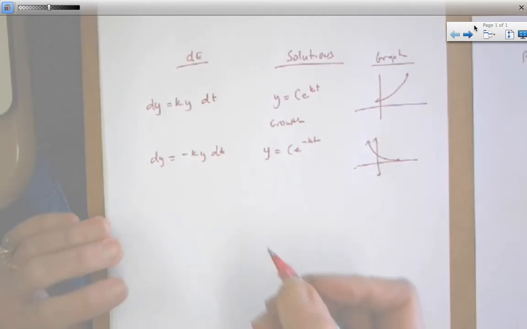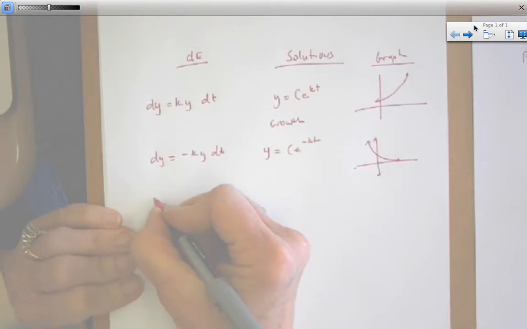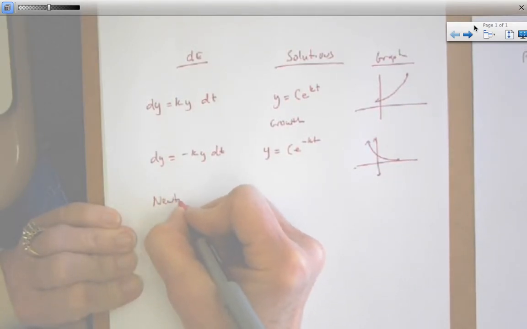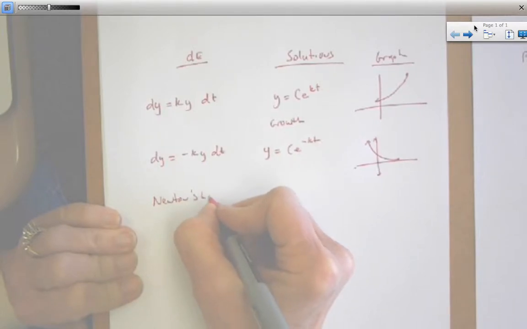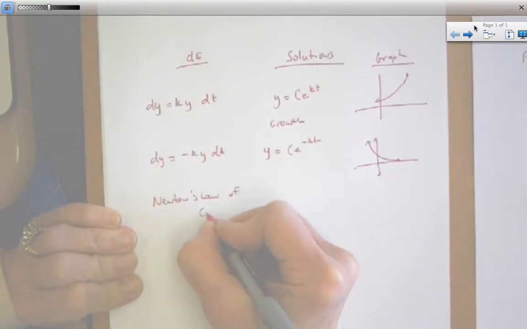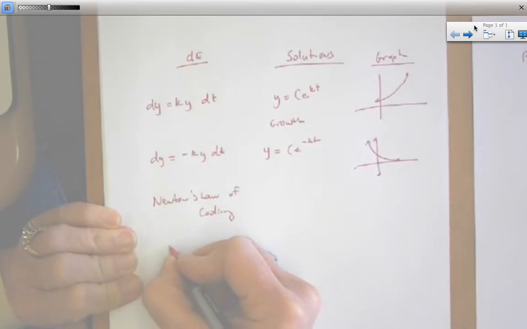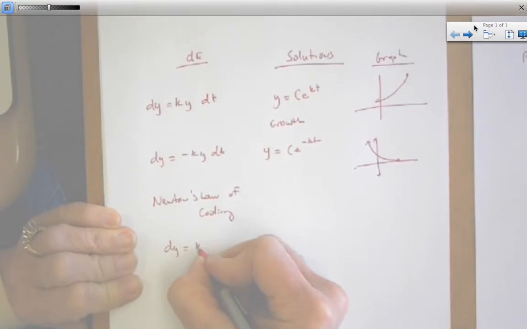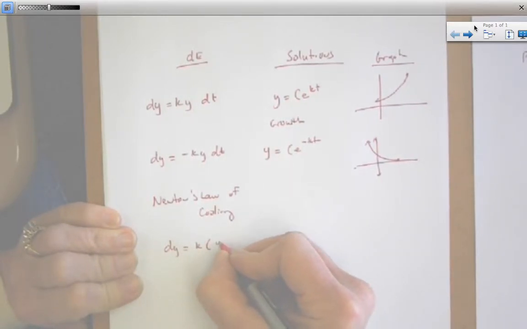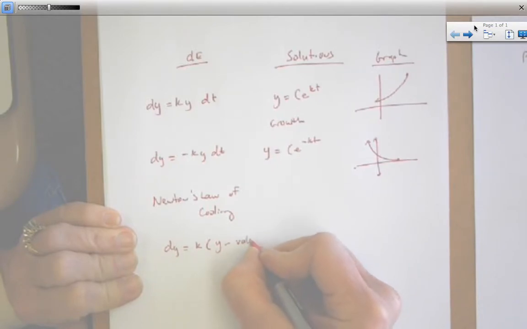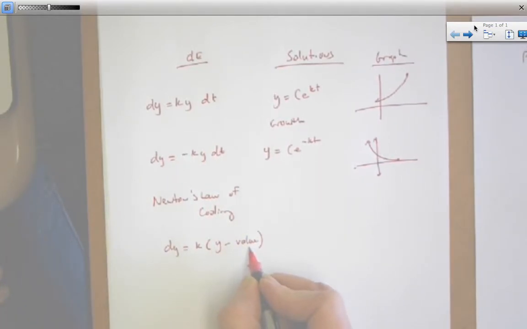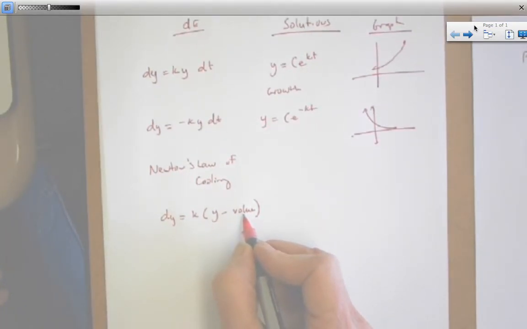All right. Then the next one we talked about fits into Newton's law of cooling. That was dy over dt equals k times (y minus a value). This would be initial temperature, surrounding temperature, current temperature. This is going to be worded several different ways.